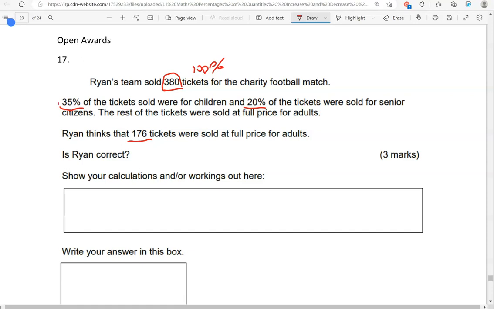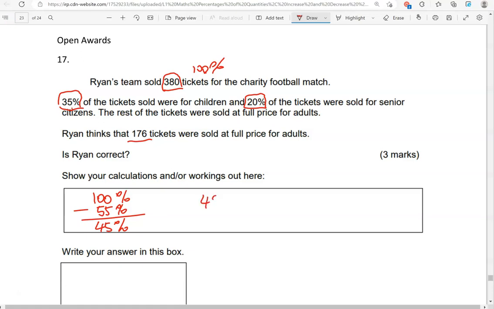If 35% of the tickets were sold to children and 20% to senior citizens, then the rest will be worked out by going 100% minus 35 and 20, that is 55. So that gives us 45% left. So 45% of the tickets were sold at full price to adults.